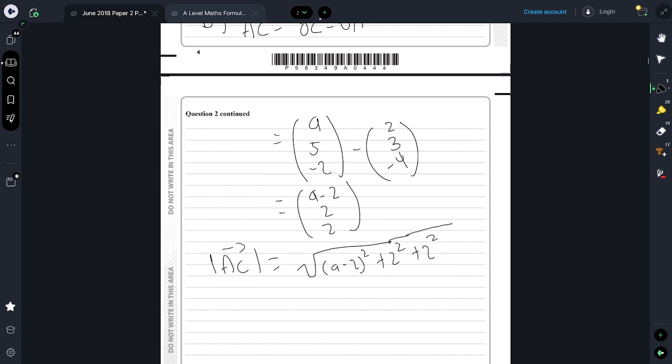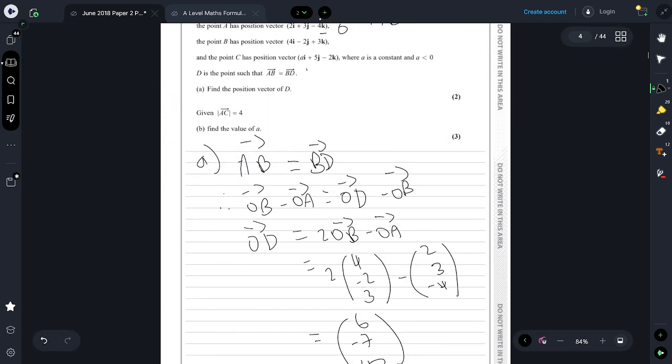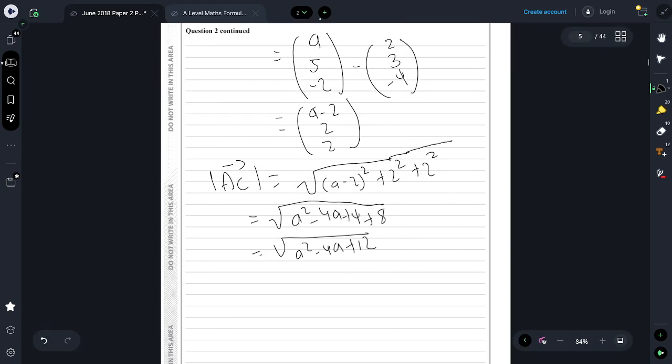Let's simplify it first. We're going to have to expand the brackets. That's a squared minus 4a plus 4. Hopefully you should be quite quick with that at this point. Plus 2 squared plus 2 squared, that's 4 add 4, which is 8. Which simplifies to a squared minus 4a plus 12. Now we are told that this is equal to 4, so equate this to 4.